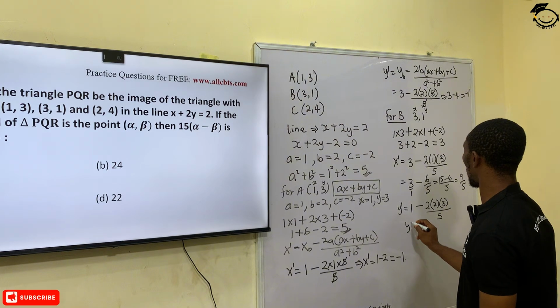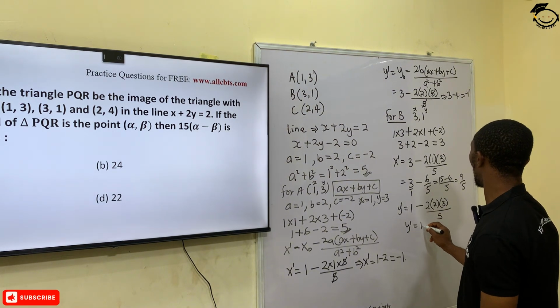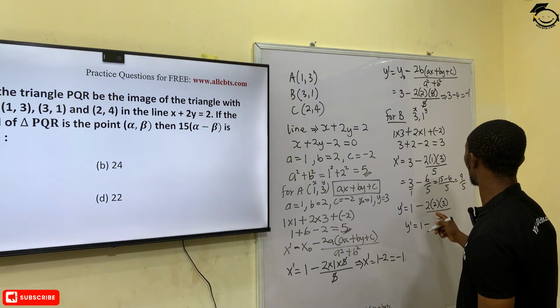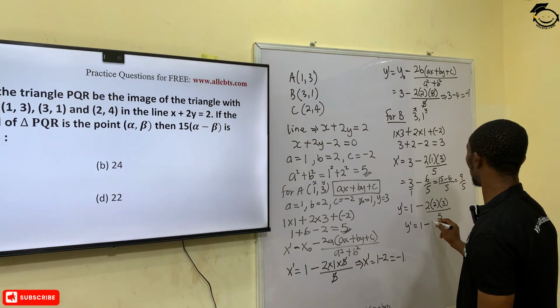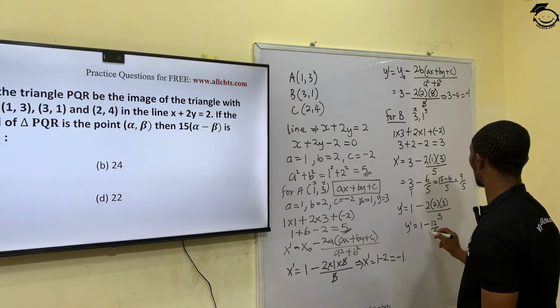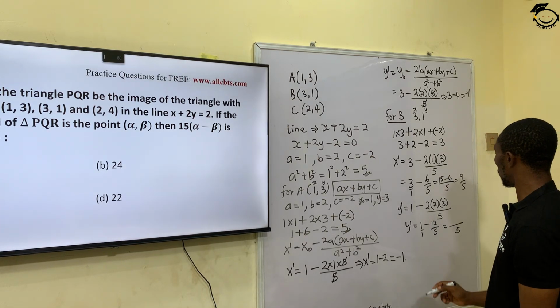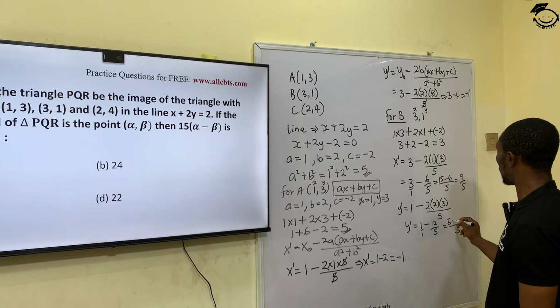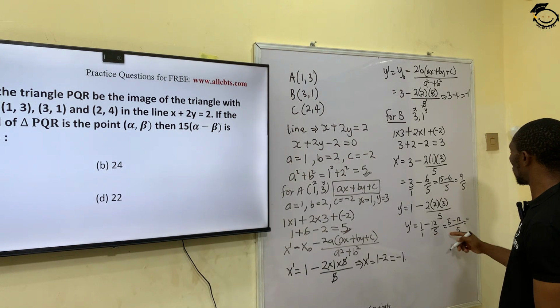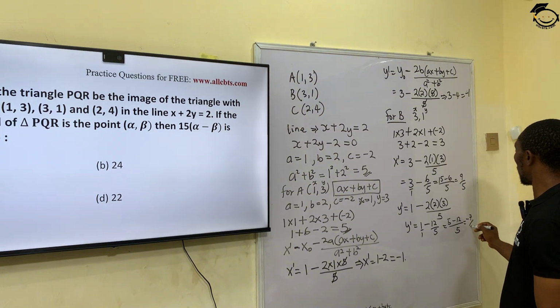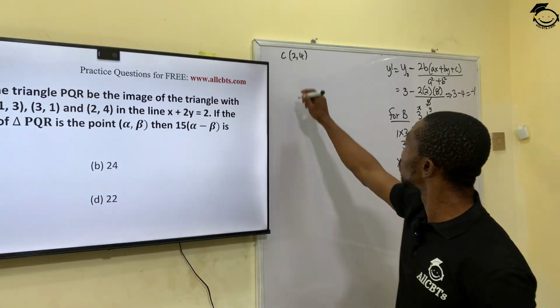So this gives us y bar equals 1 minus 4 times 3, 12 over 5. So find our LCM here, this is 5 all over 5 minus 12, which will give us minus 7 over 5.